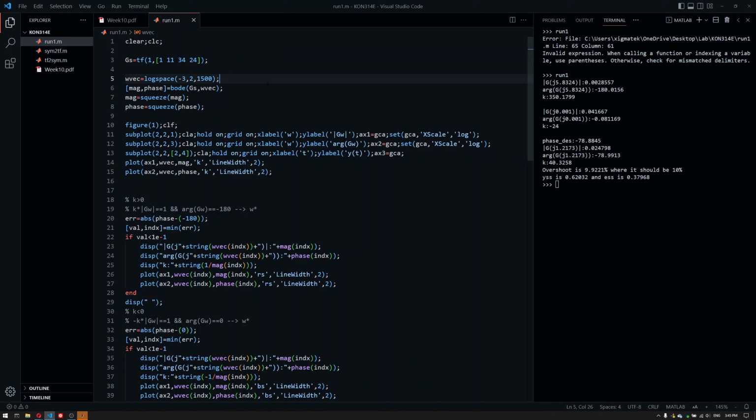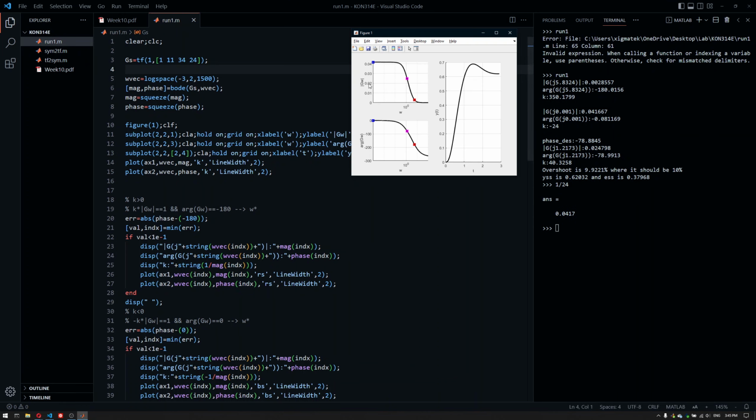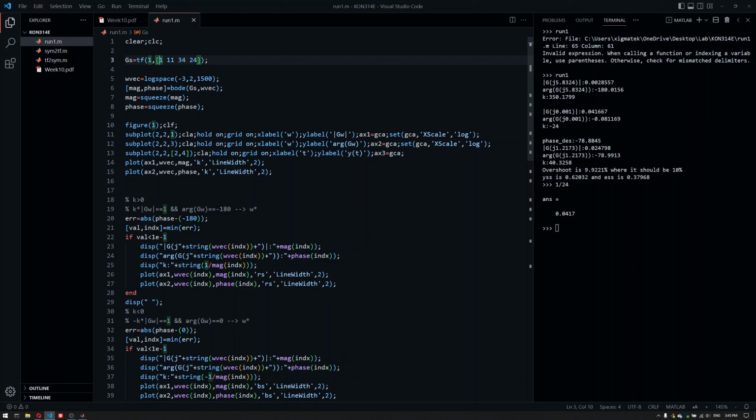If you apply a step to GS, you end up with 1 divided by 24. This was also on the Bode plot, as you might remember, 0.0417. That's basically the DC gain of your system.